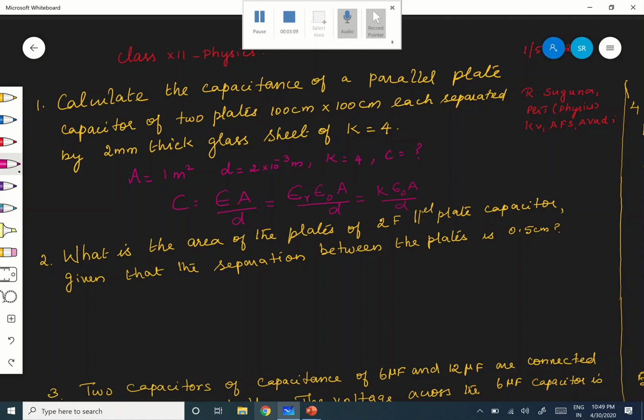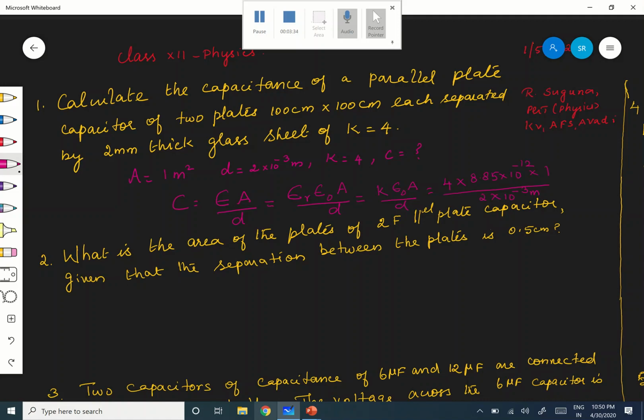Hope you are following. Now substitute the values. K is 4, epsilon naught is 8.85 into 10 power minus 12, A is 1 meter squared, and D is 2 into 10 power minus 3 meter.